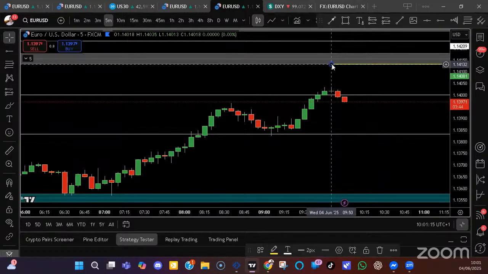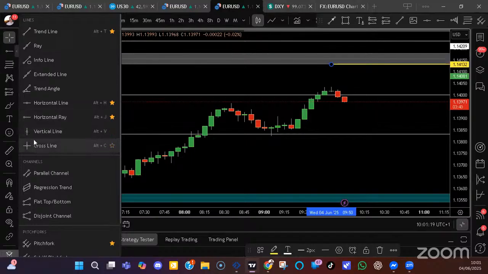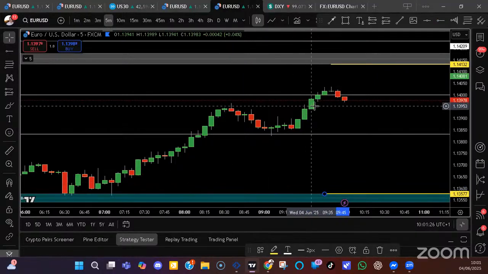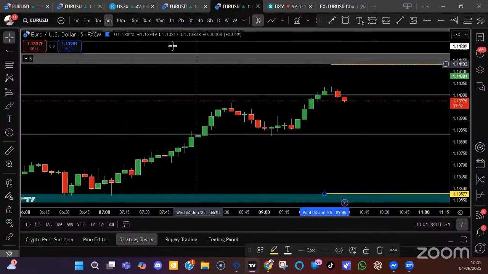Sell zone. Buy zone. Now I know this was a sell zone earlier on because I was here an hour earlier.